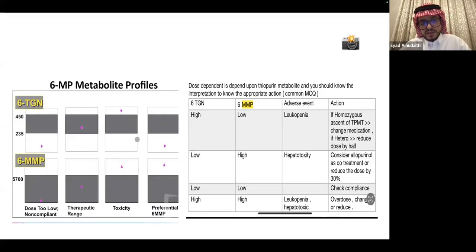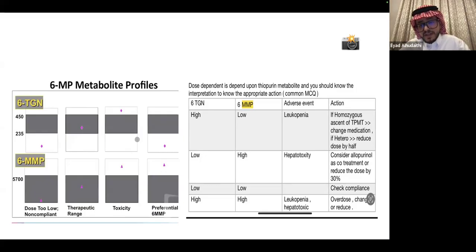We want to be within this range, and we aim for the highest range. We find better control of disease with the higher range. However, with the 6-MMP, you can find it can reach up to 5,700, and there is toxicity if you go beyond that.